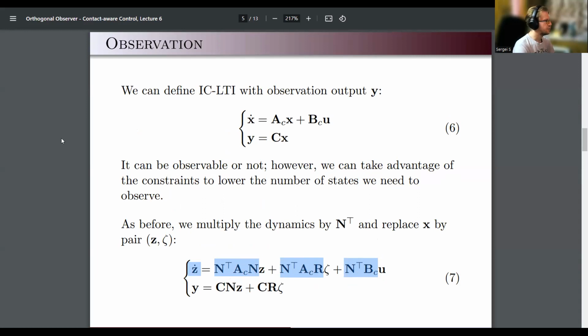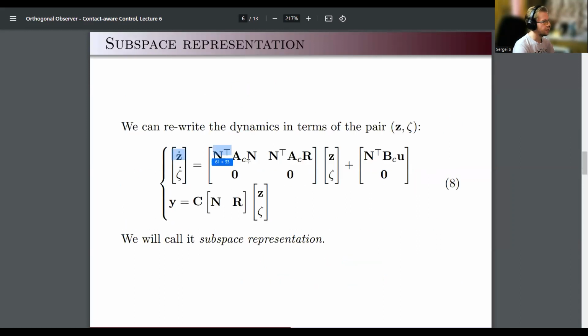Now here, same equation: z dot equals N A N z, N A R zeta, and B u. Same exact dynamics. So nothing changed. I just brought it as a matrix.